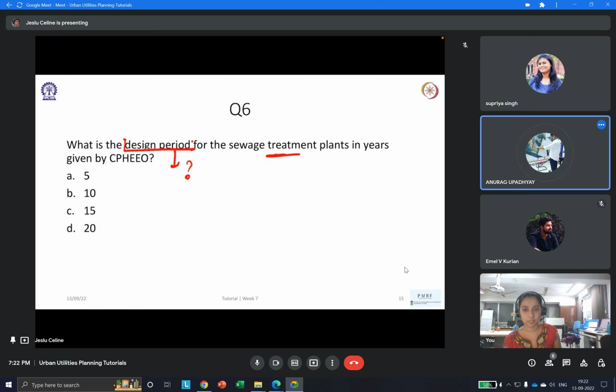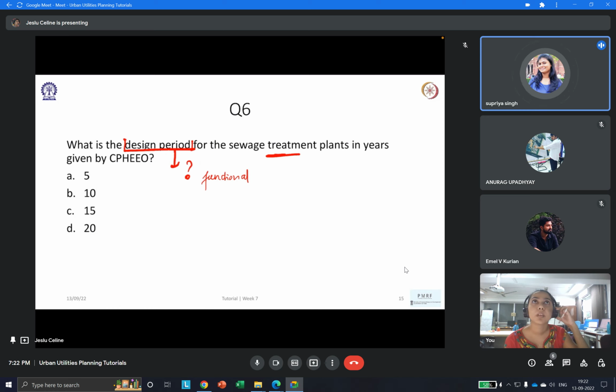We should consider all the aspects of design for that much period, like how long pumps or motors are going to serve. It also depends on projections, on what volume of population you are designing the treatment plant for.